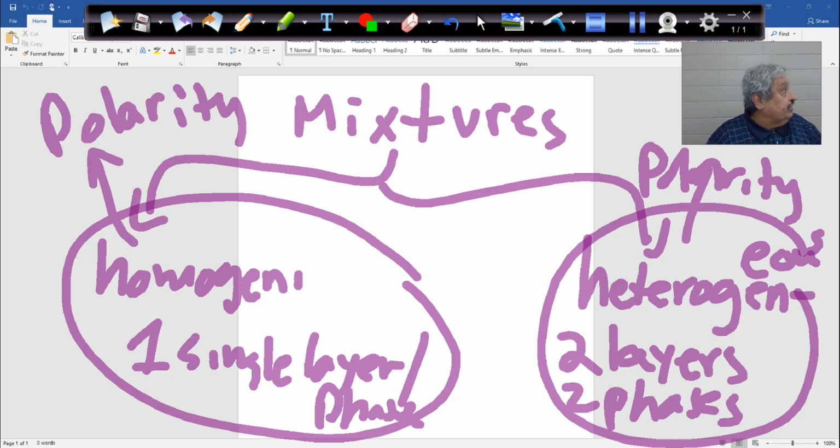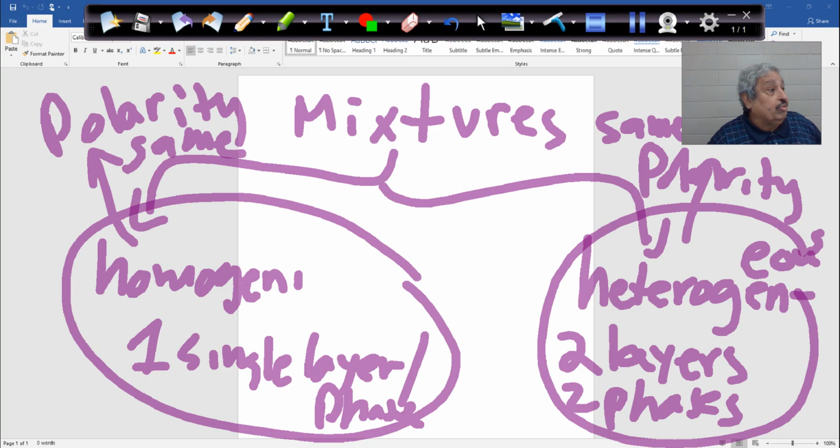As you will see later on, if the mixture is made of two substances and they have the same polarity, then the distribution of those compounds or molecules inside this mixture is fixed throughout the mixing. But if they are not the same polarity, we'll come to that later in other chapters.